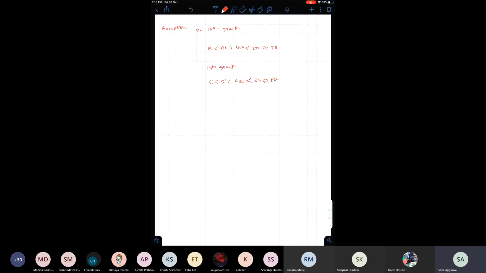And what is the reason behind it? Due to poor shielding by D and F subshell. ठीक है, ये ट्रेंड हमें याद रखना पड़ेगा because it is an irregular trend.